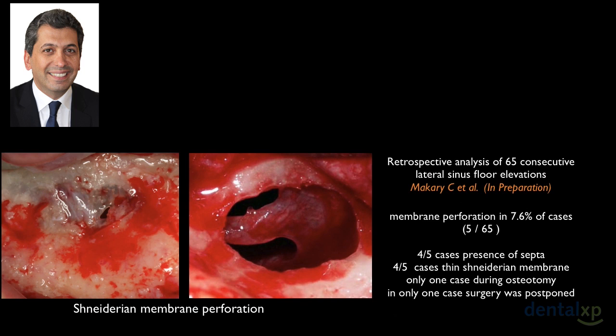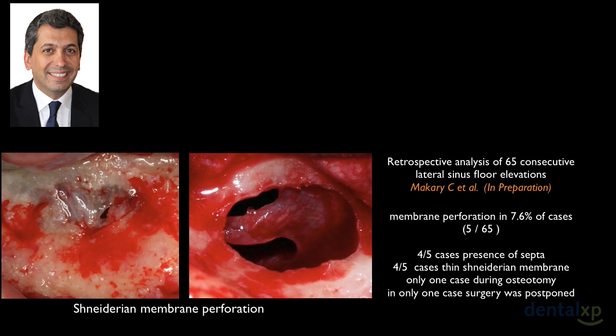What about our experience with membrane perforation? In a retrospective analysis of 65 consecutive lateral sinus floor elevations, we had 5 perforations of the membrane, which is 7.6% of cases. And in all of our cases, we used piezosurgery, an ultrasonic instrument.